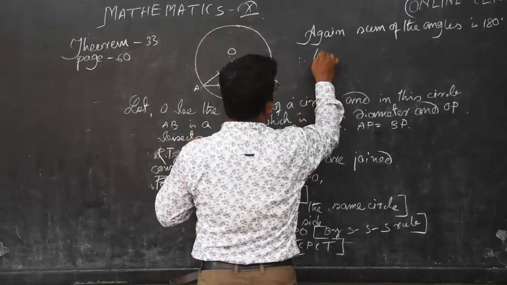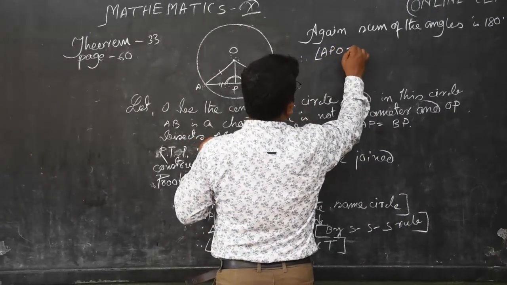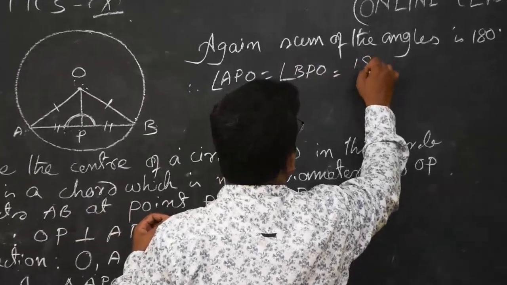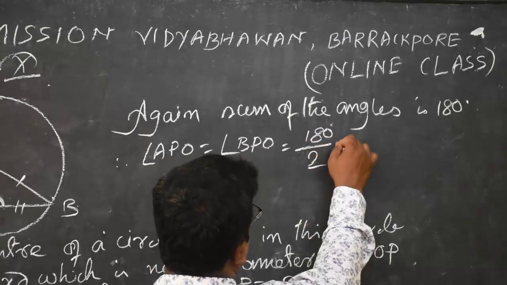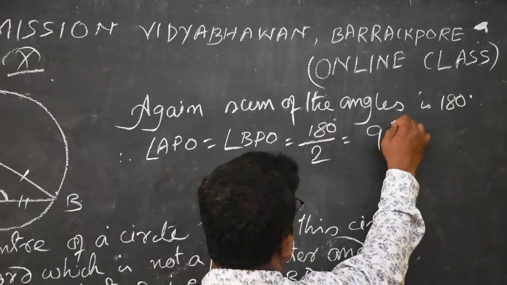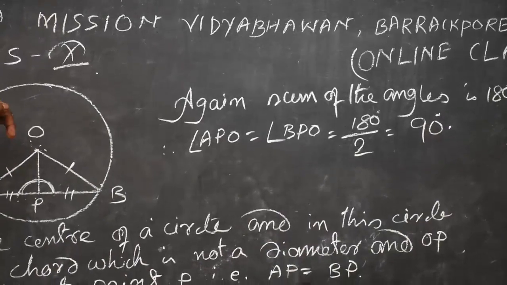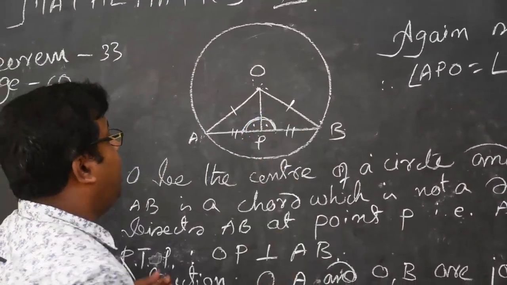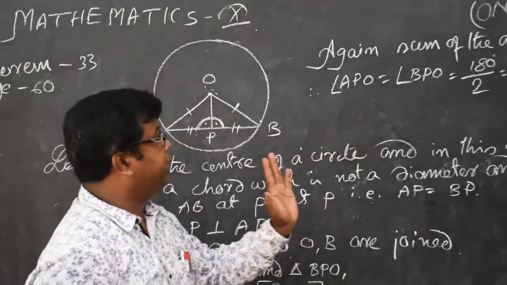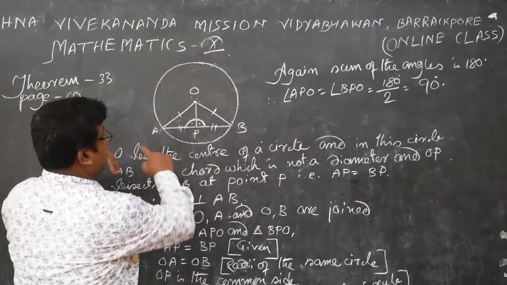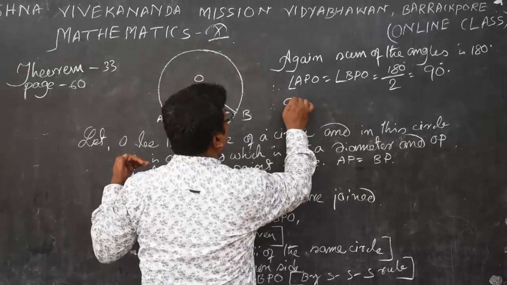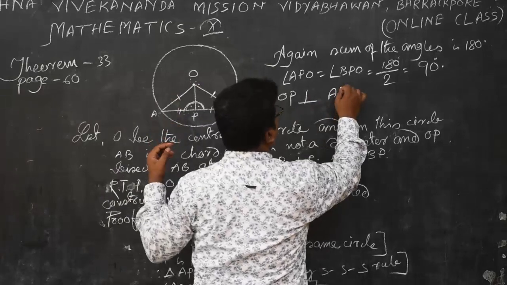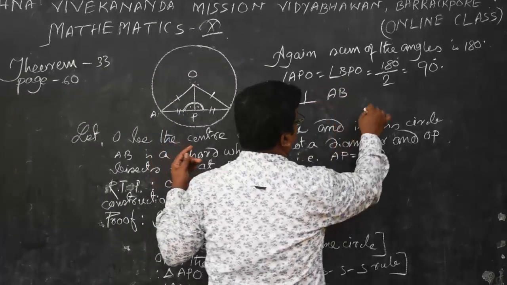Therefore angle APO equal to angle BPO equal to 180 degrees by 2 equal to 90 degrees. Now look at the figure. OP stands on AB and the two adjacent angles are equal, that is each of them is 90 degrees. So I can say OP perpendicular to AB. Therefore OP perpendicular to AB. Proved.